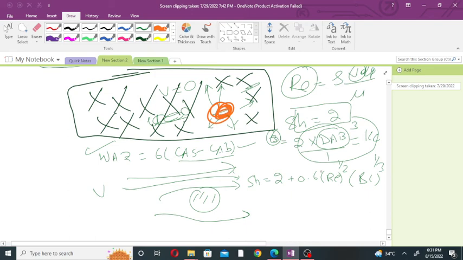If the velocity of the fluid is very large, then this term will be very high as compared to the 2. So this will be negligible, so we will take it as 0, and we get Reynolds number to the power 1/2 and Schmidt number to the power 1/3.